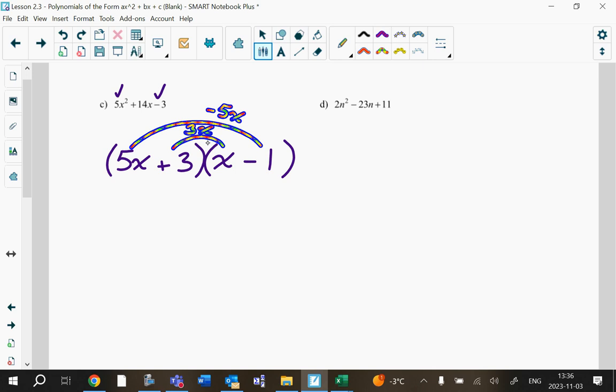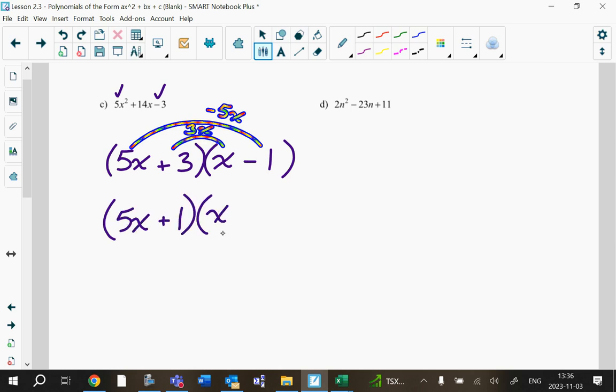This gives me a completely different number, not just the sign. Shouldn't I switch these two? Like switch the numbers. So 5x plus 1, x minus 3. Okay, so this one doesn't work.